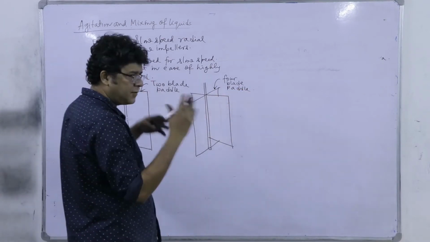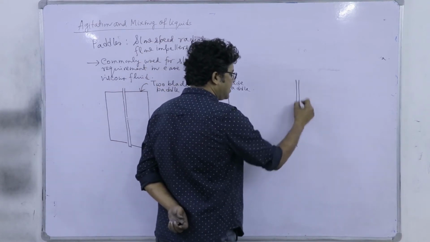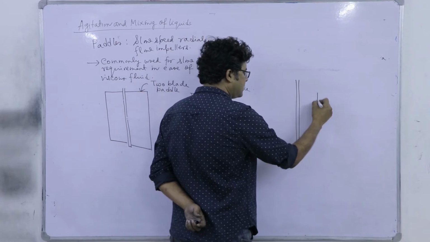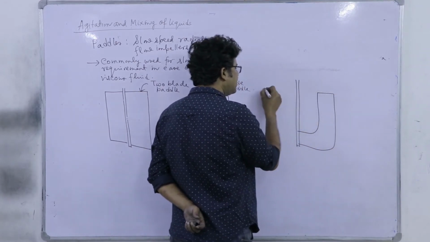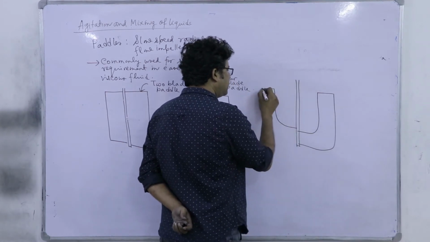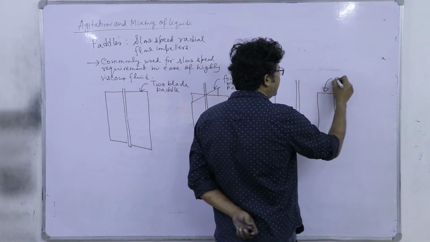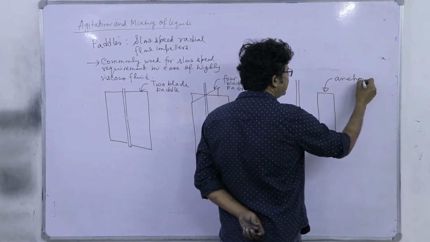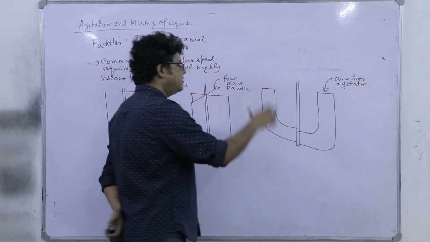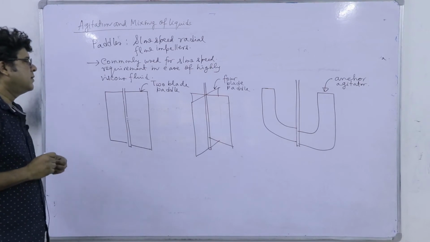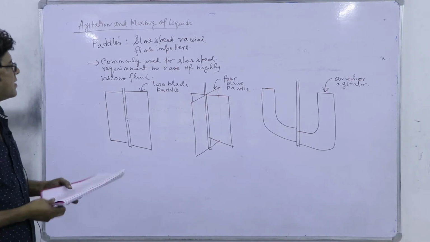Alternatively, for churning over the entire tank, we can use this sort of paddle. The shape may be hemispherical as well, and this type of paddle is called an anchor agitator. This looks like the anchor of a ship, right? So this is called an anchor agitator, and it churns the liquid in a tank at a slow speed.